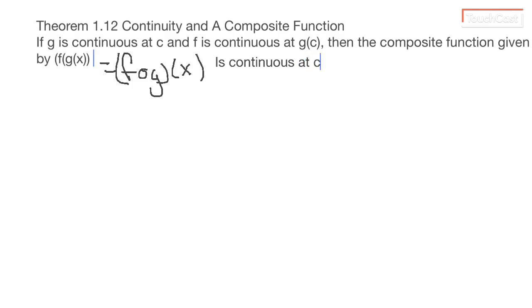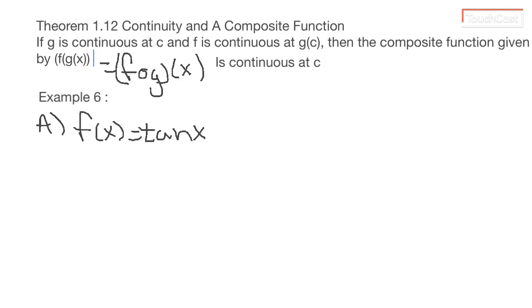Let's look at example 6, which we are going to again look at testing for continuity, but of different functions than we looked at before. So the first function we're going to look at, we'll call this A. f of x is equal to the tangent of x.